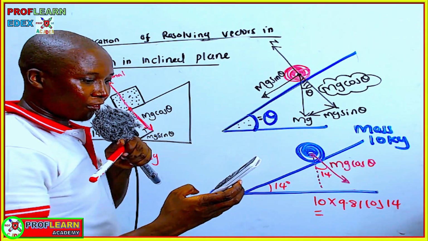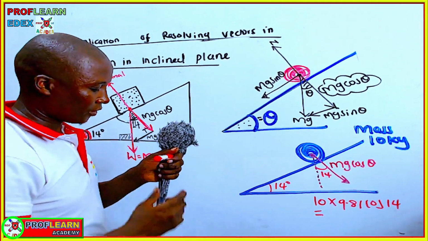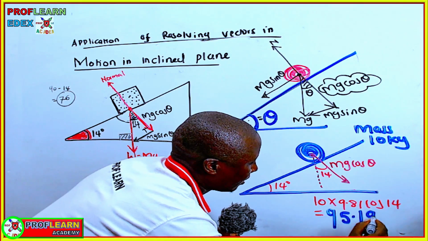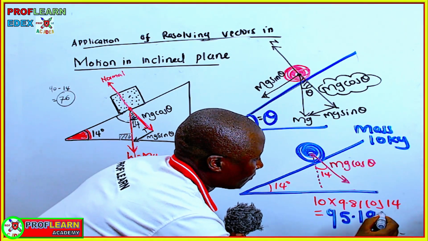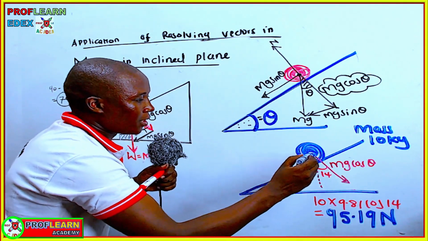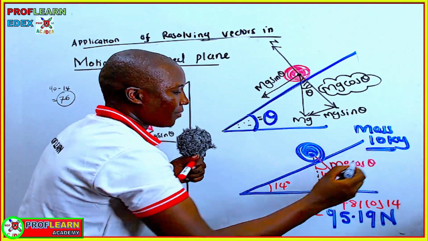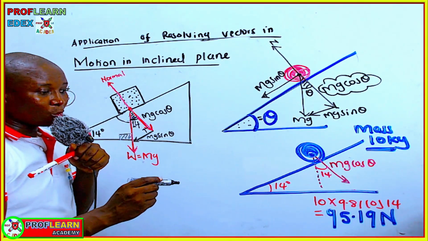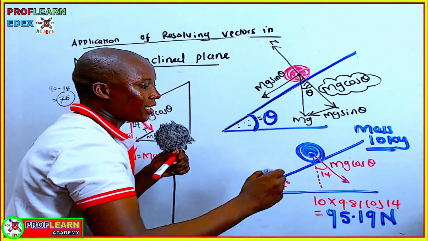That translates to 95.19 Newton. So this object of 10 kg exerts a force of 95.19 Newton into the inclined plane.